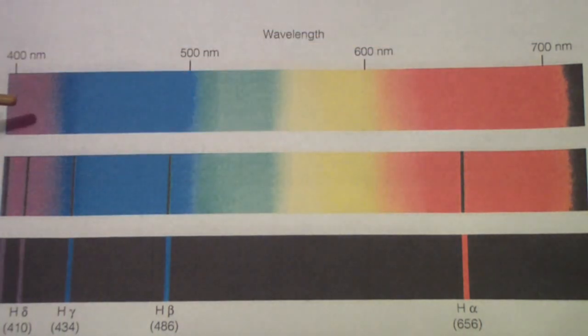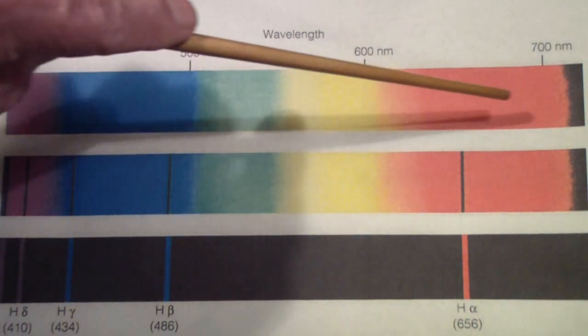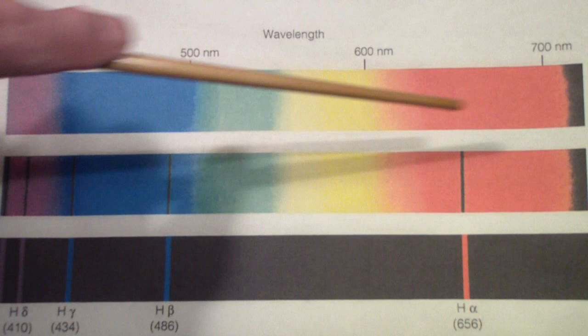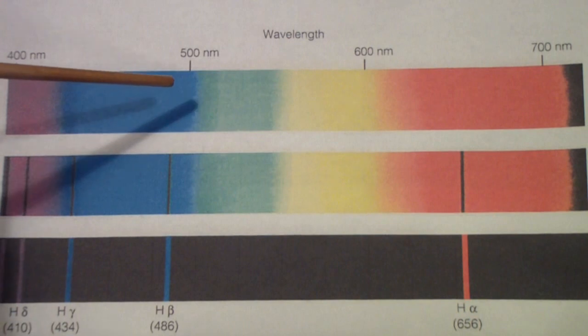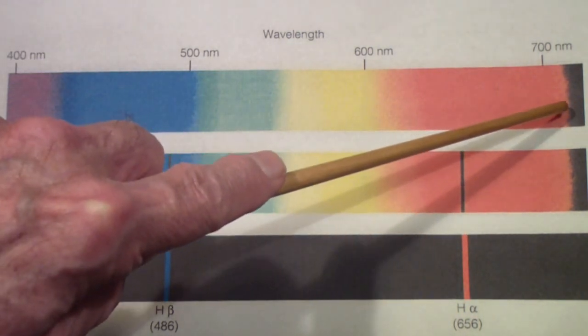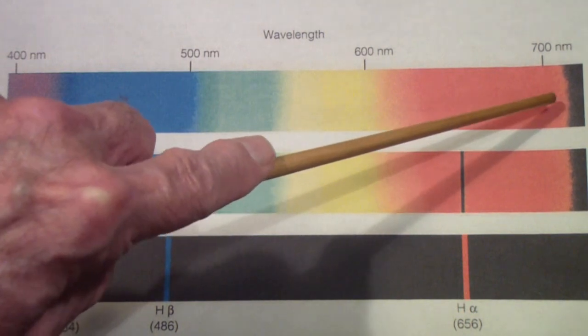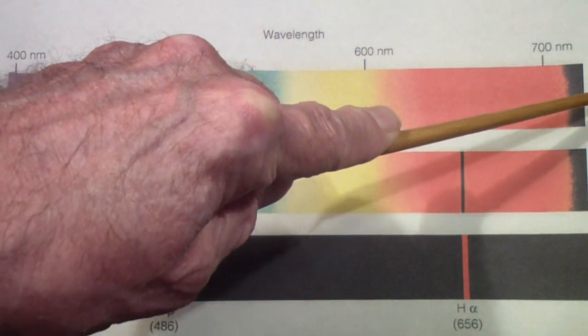But this is a continuous spectrum. Notice that each color, if you will, or each line, each frequency blends into the next. It follows what is called the black body law. We're not going to get into optical physics here, but this is just a hot object. So a piece of iron, for example, in a fire, will start out, initially you'll see red. Now, of course, it's actually emitting below that, even when it's cold.